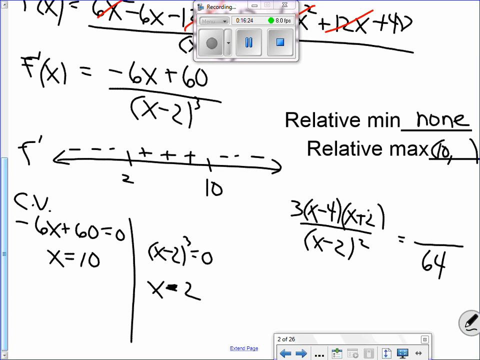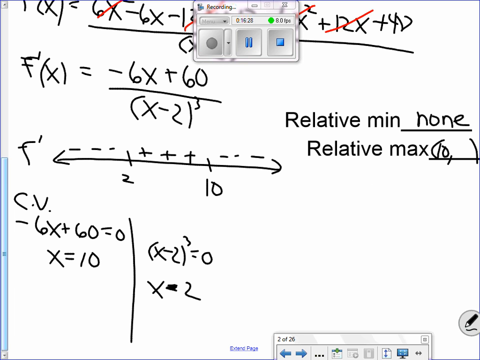I don't feel like it was 1/4. 27 over 8? Yeah, that would make sense. 27 over 8. That's in between what two integers? Almost 3.5. Great.